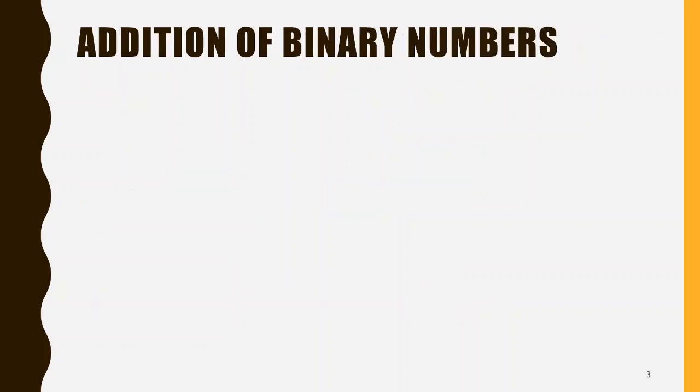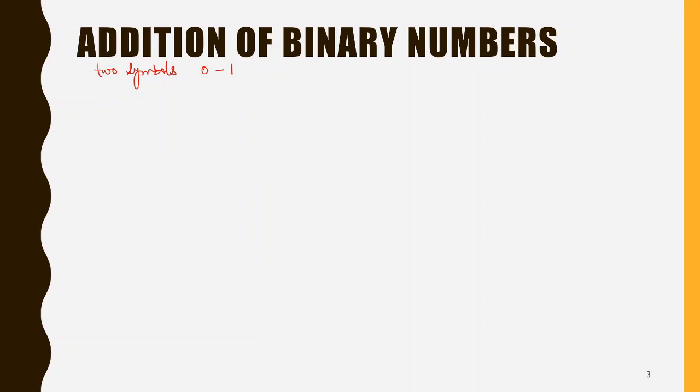So let us start from addition of binary numbers. Binary numbers have two symbols, 0 and 1. So there can be various additions of these two symbols only.